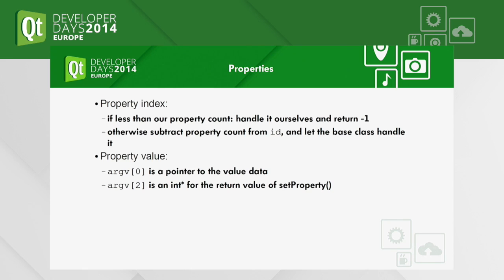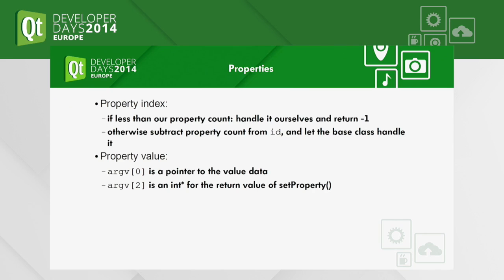So in that case, we handle it and we return a negative number to indicate that we did handle this. Otherwise, we subtract the amount of properties we have. That's basically rebasing it onto the index of the base class, so having a zero-based index for properties in the base class, and then we return that.